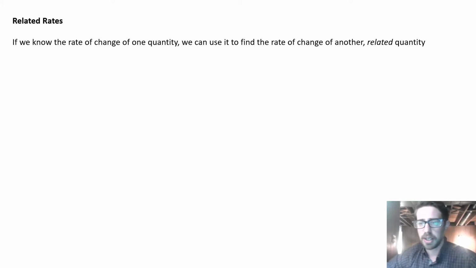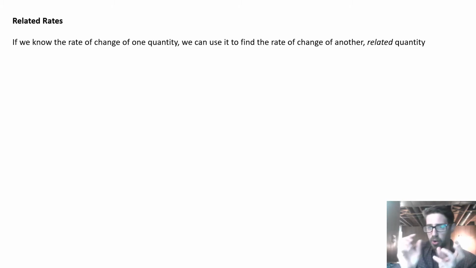So these are tricky. This is an application of implicit differentiation. And they're all story problems, your favorite. We take the fact that we know how fast one thing is changing, and we have this related phenomenon, that we can figure out how fast that's changing based on the thing we already know.